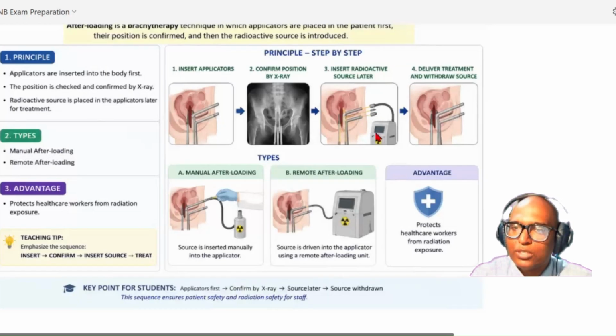This can be inserted by two ways: one is a manual afterloading technique, and second is a remote afterloading technique. So this is the afterloading technique, in which the applicator is inserted first, position is confirmed, and then the radioactive source is introduced. Okay. So this is very important. And after this, the source will be withdrawn.